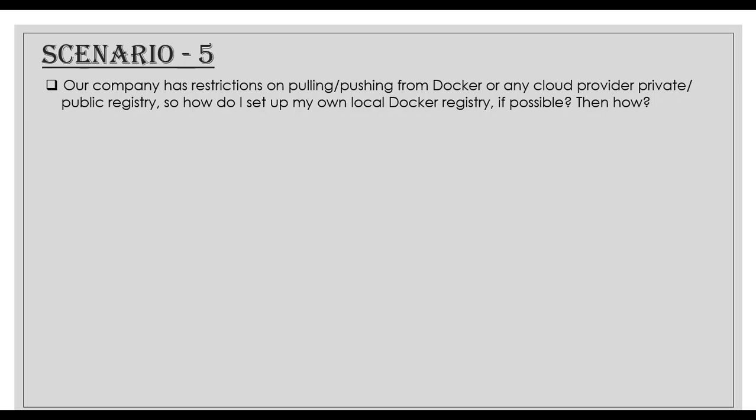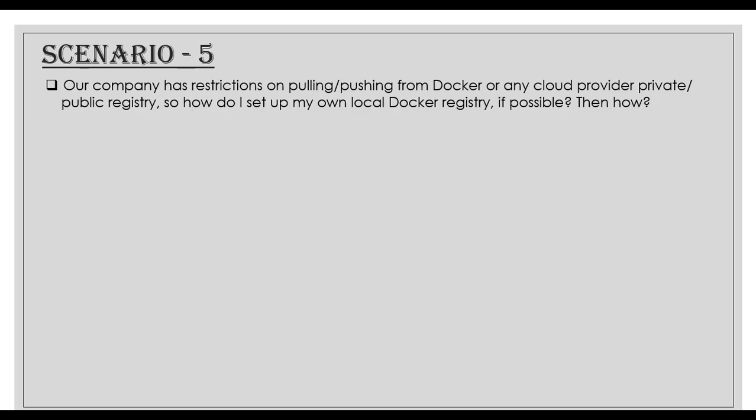I cannot put my own image on the cloud or any other cloud provider, private or public registry. This is very rare, but still this is a scenario wherein I cannot put the image which I have created for my application on Docker Hub, or even on some private registry on cloud like ACR and things like that.